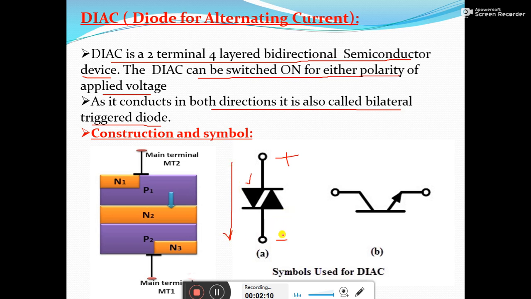And if you reverse the potential, if this is kept positive and this is made negative, then this diode is forward biased and the resulting current will flow from bottom to top. So this is another symbol that can be used for diac.